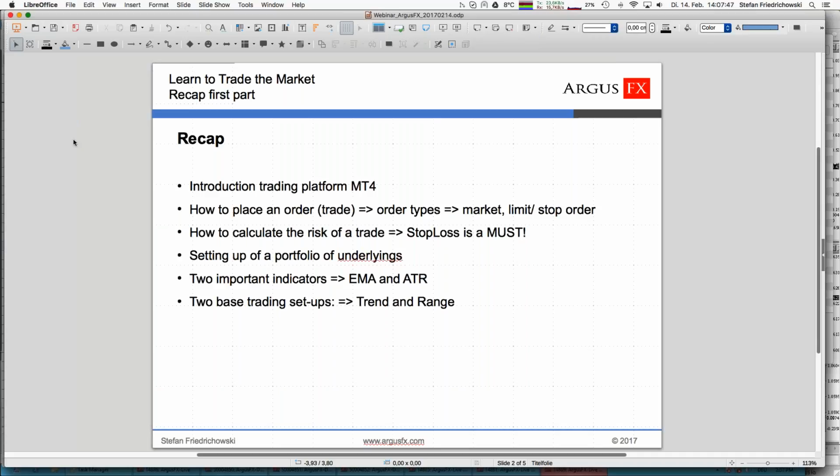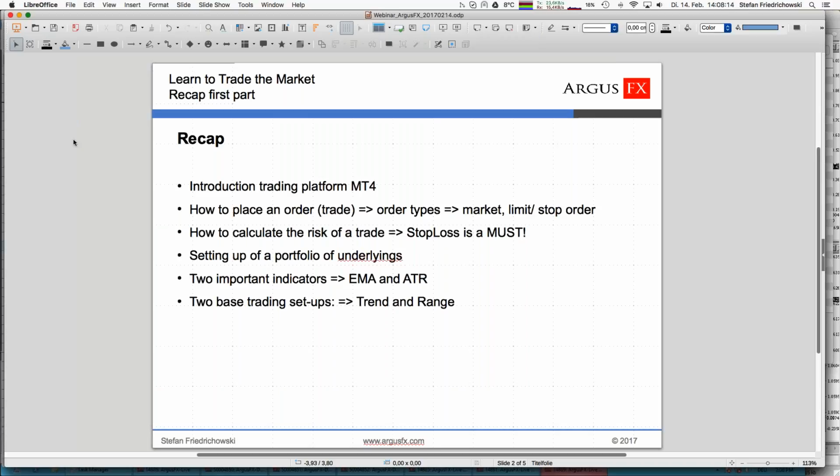That means that we focus right now only on those 8 and nothing else, and that might help you as well in your own first trading activities. Don't trade everything which is possible with the broker of choice. Just focus on a few underlyings. That helps you a lot.